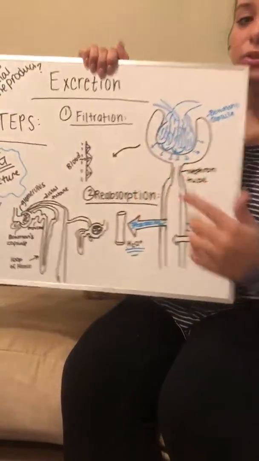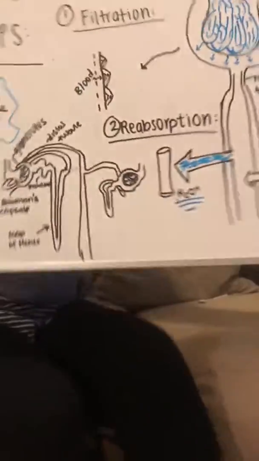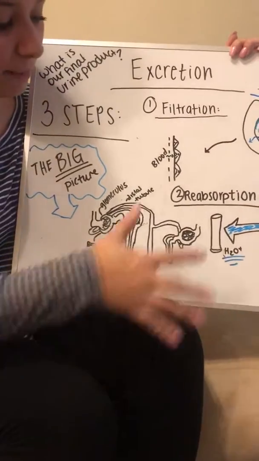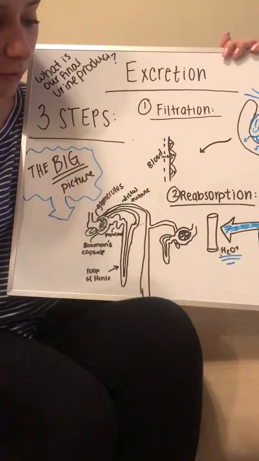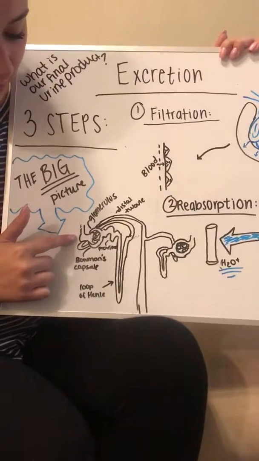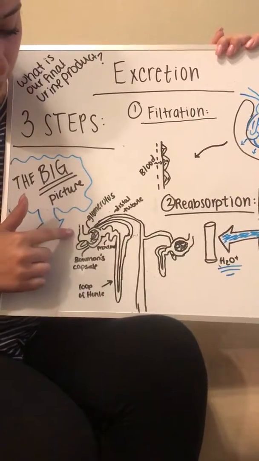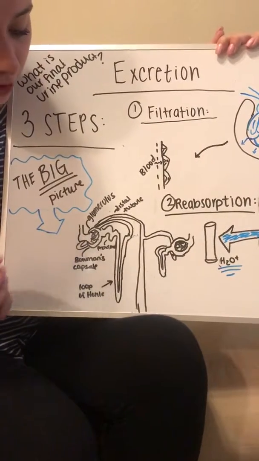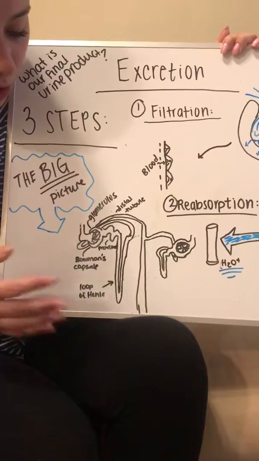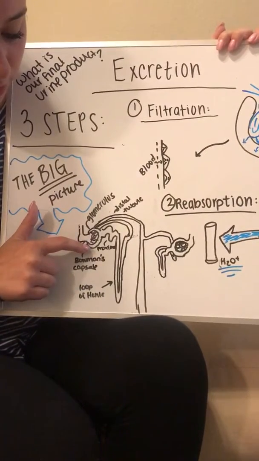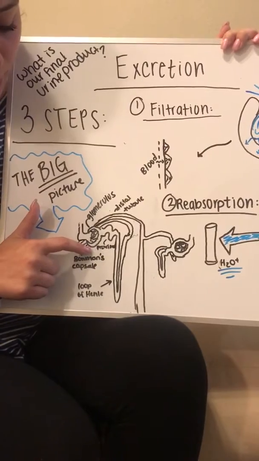I also drew a very tiny diagram of a nephron, just to have the bigger picture of what's going on here. So the afferent arteriole brings in the blood, right? We go through the glomerulus, blood gets filtered out, and only small dissolved substances go to the Bowman's capsule.